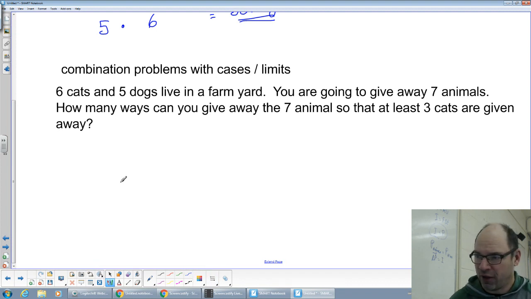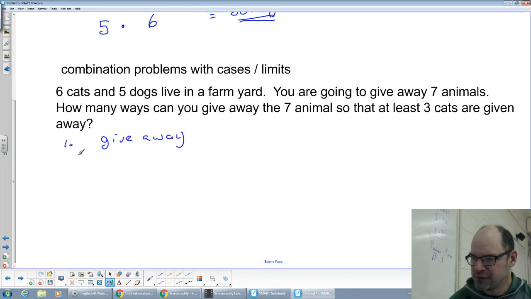Okay, so the first thing is you can give away at least 3 cats. So let's say a minimum of 3 cats. So you can give away, in our first case, 3 cats and 4 dogs.